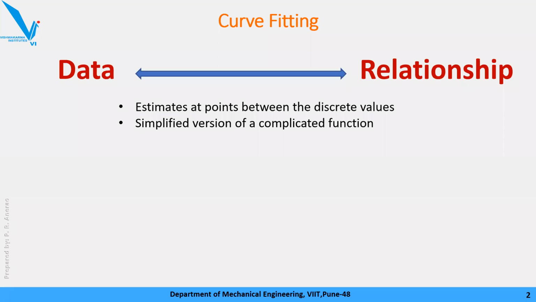Or sometimes we have data for which we have a complicated function describing it, and we would like a simplified version of it. Here also we can apply the methodology we are going to learn in curve fitting and interpolation.